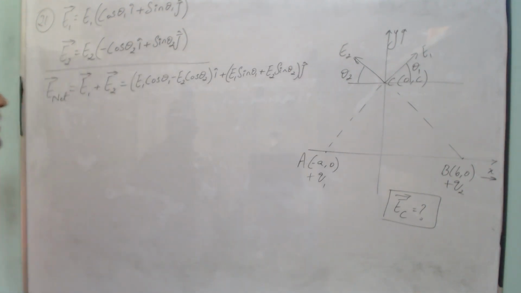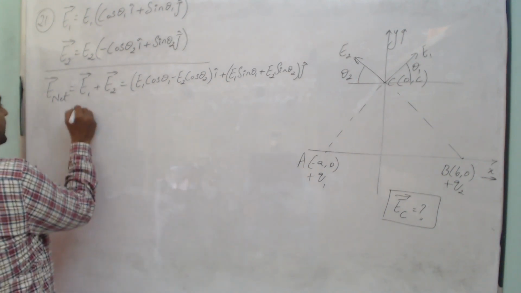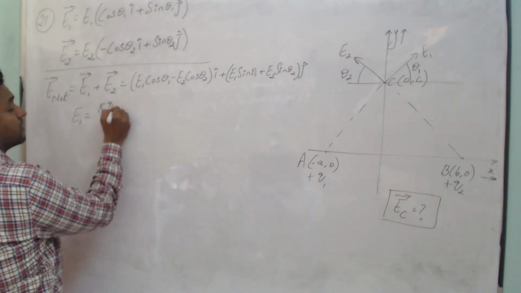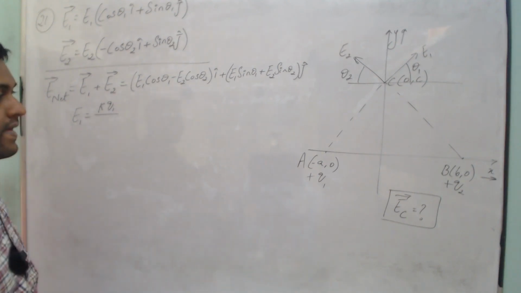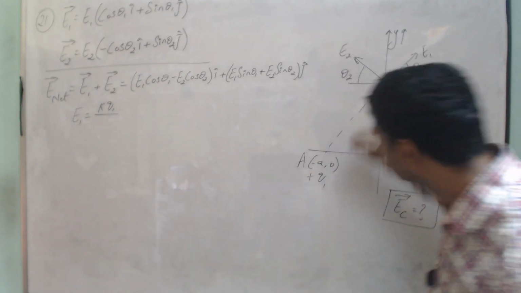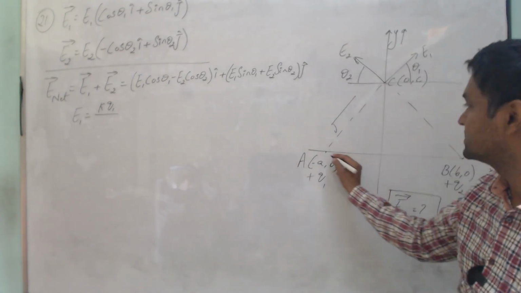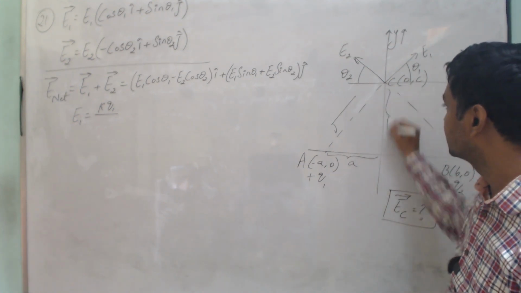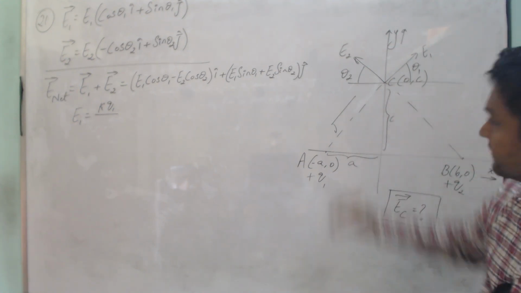Now I want to find what is E1. E1 is equal to K Q1 by A square plus C square, under root. This is A and this is C, right?